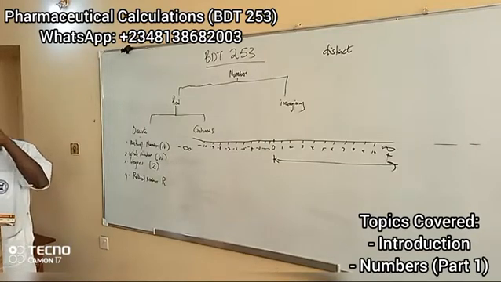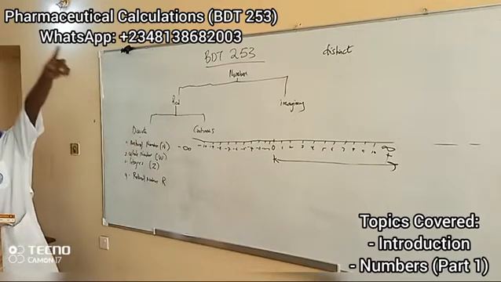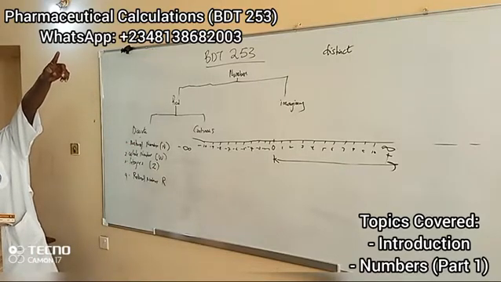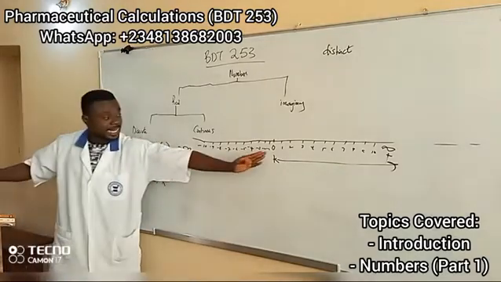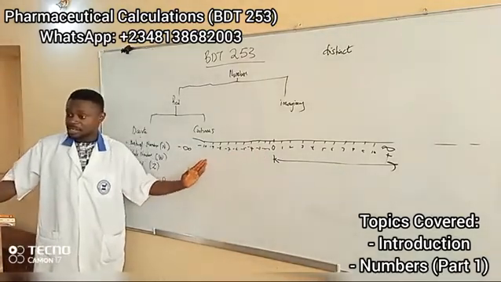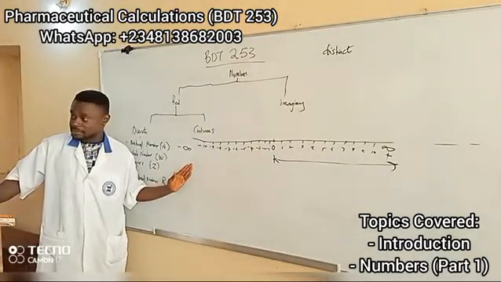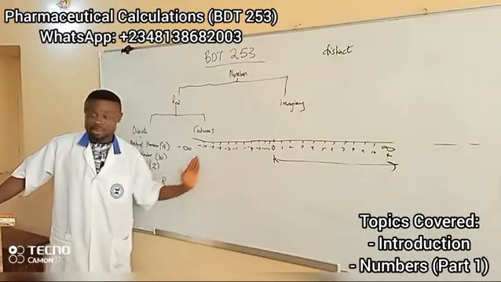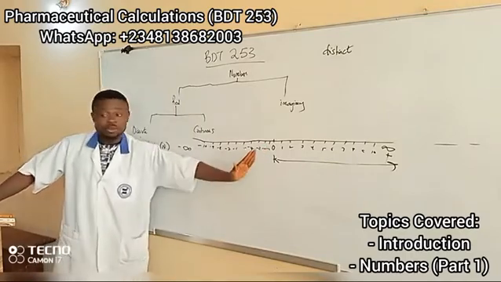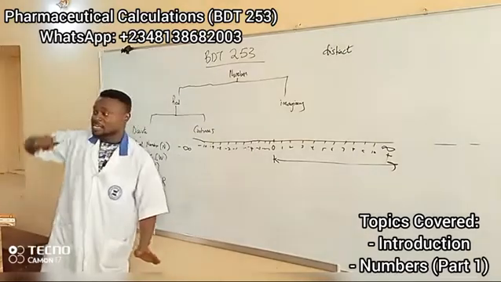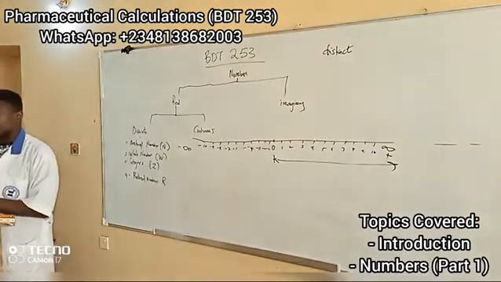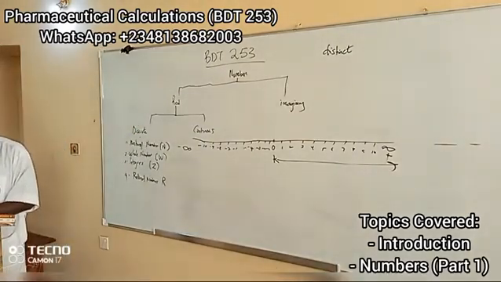You can define them as integers from 0 to positive infinity. So the numbers in the negative are not natural numbers. This one with a minus sign is not a natural number. But from 0 to positive infinity, they are natural numbers.